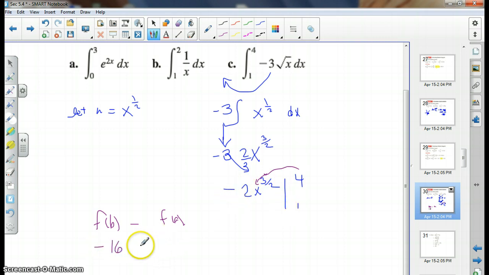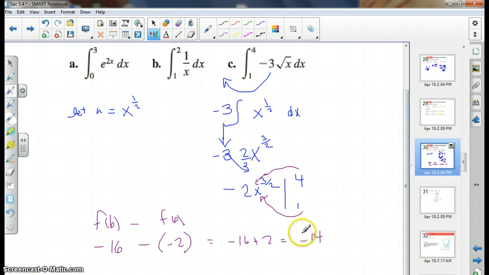Let's try that again. This time I'm going to plug in my a, though. So the square root of 1, because this means take the square root of it, and then cube it. So the square root of 1 is 1. 1 cubed is 1. 1 times -2 is -2, which is really -16 plus 2, which is -14.